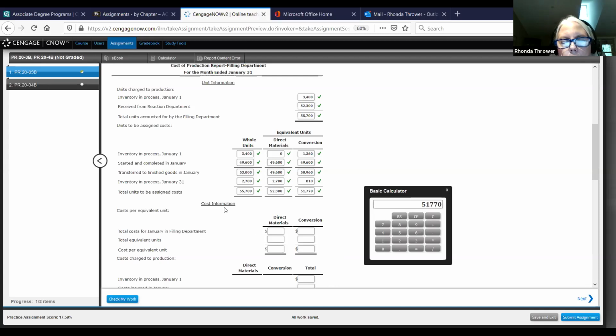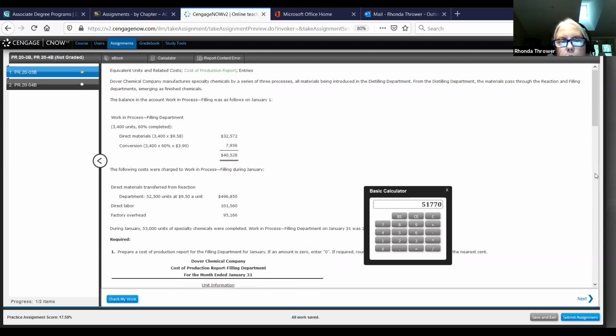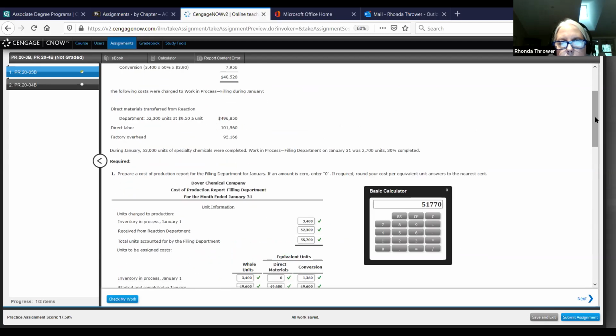Getting back to the cost information that we're going to start with. Our total cost for January in the filling department for materials, what they want there is just the materials that you started during this period of time, which was 496,850.